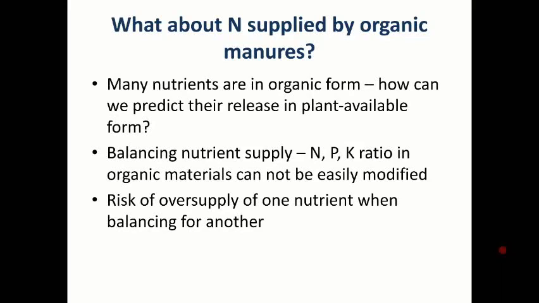So it's very difficult, because they don't supply a single nutrient, they're supplying all 3. We'll do some calculations in our practical again on that, so you have a better understanding of the challenges with that.